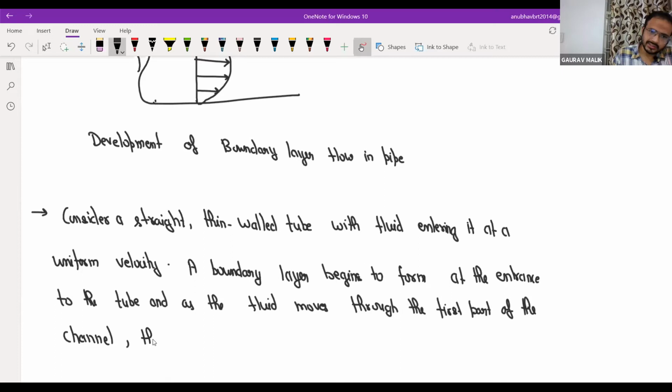the boundary layer thickness increases, or the boundary layer thickens.